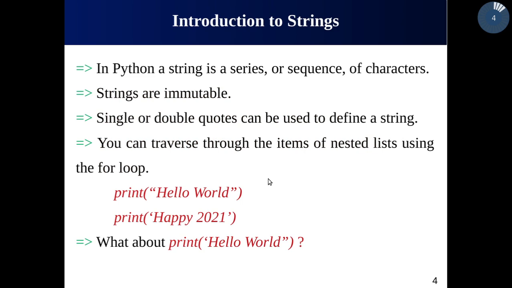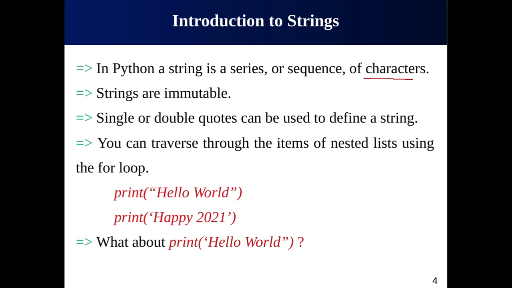The first thing that comes into our mind is what is actually a string. In Python, a string is actually a series or a sequence or a combination of characters. What is a character? A character is actually anything you can type on the keyboard in one keystroke.